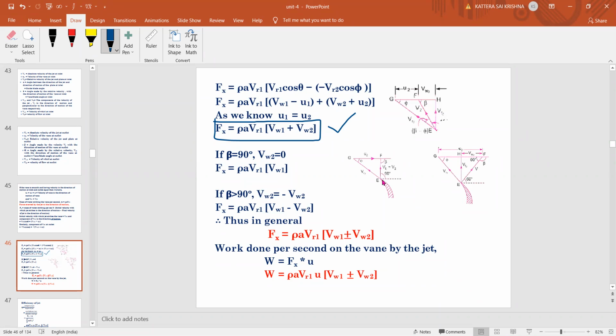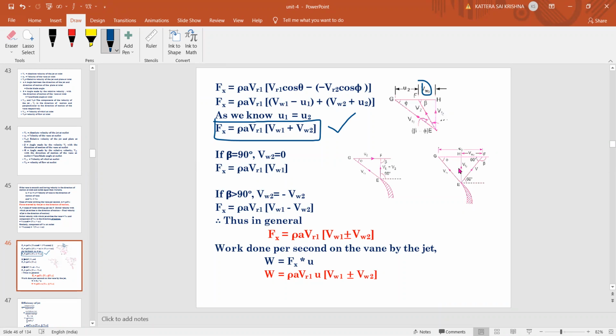You can see that the VW2 term is becoming 0. Beta being 90 degrees means it will come here like this, so at that position VW2 is 0. Substitute VW2 as 0 and you will get Fx equal to rho A VR1 into VW1 when beta is 90 degrees, right?